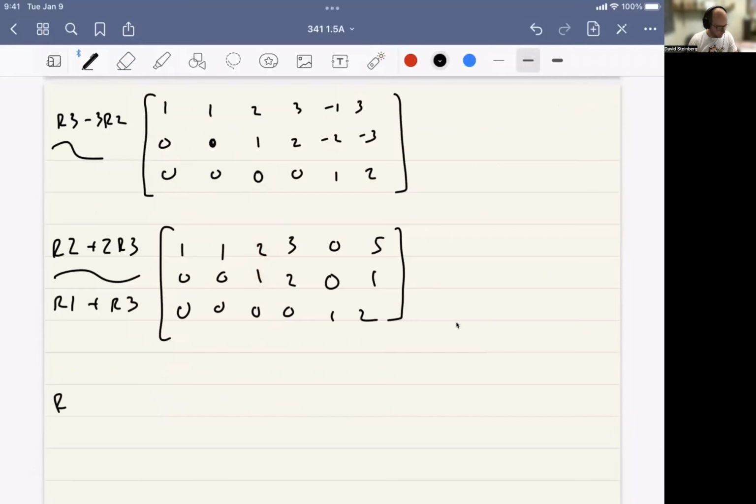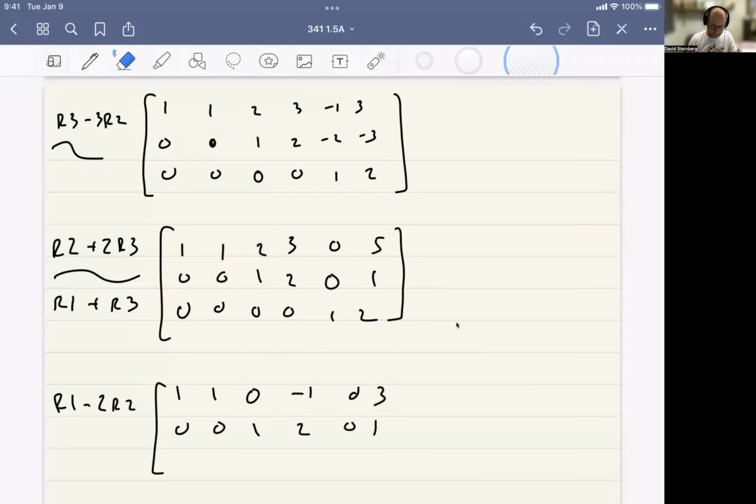So we want row 1 minus 2 row 2. So 1, 1, 0, -1, 0, 3, then 0, 0, 1, 2, 0, 1. Sorry, that doesn't look like a 0, but it should be. And then 0, 0, 0, 0, 1, 2.